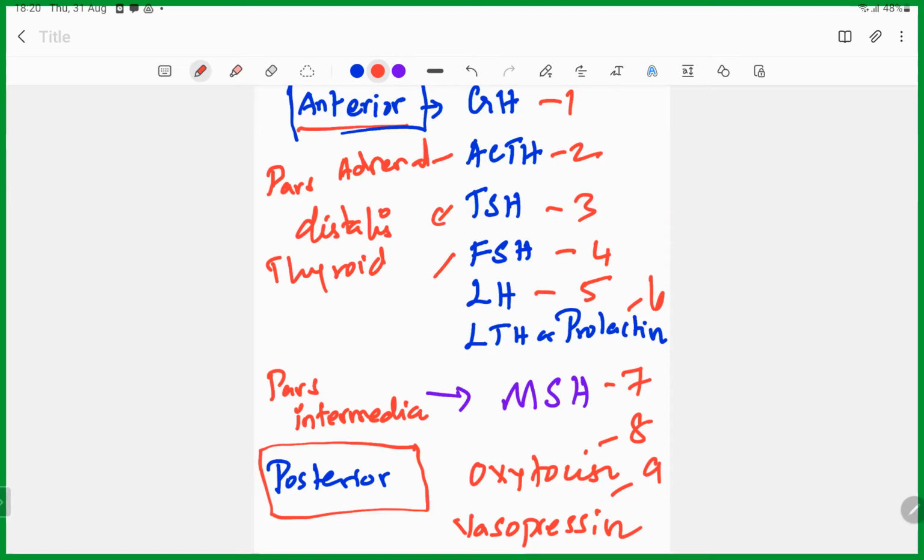Thyroid gland. FSH, gonads. LH, all are what? Gonads. Prolactin, mammary gland, milk secretion in females. MSH, melanocyte means the black pigment.